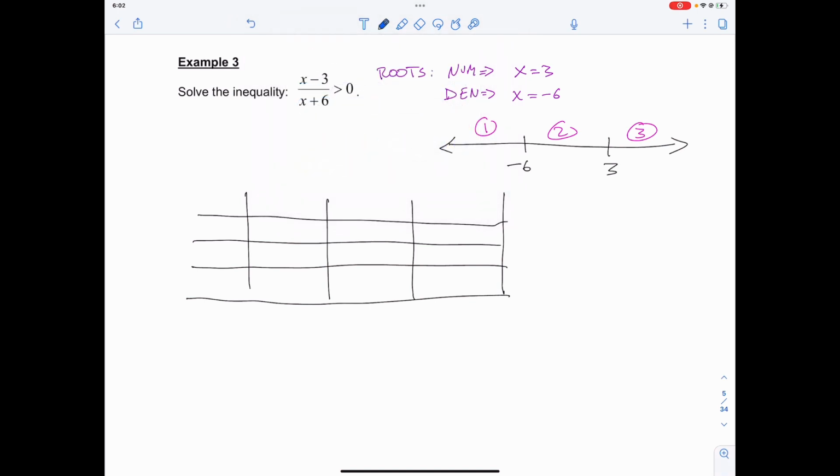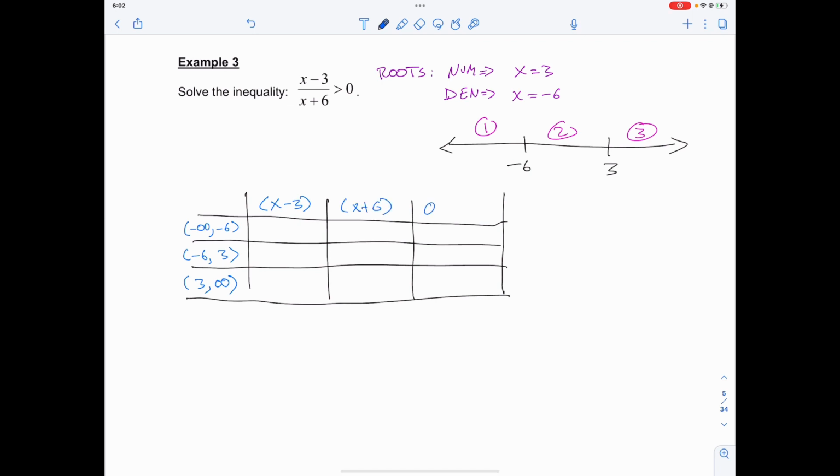And I have the first interval from negative infinity to negative 6, second interval from negative 6 to positive 3, and the final interval from 3 to infinity. I have my roots, or my factors for the roots, x minus 3 and x plus 6.